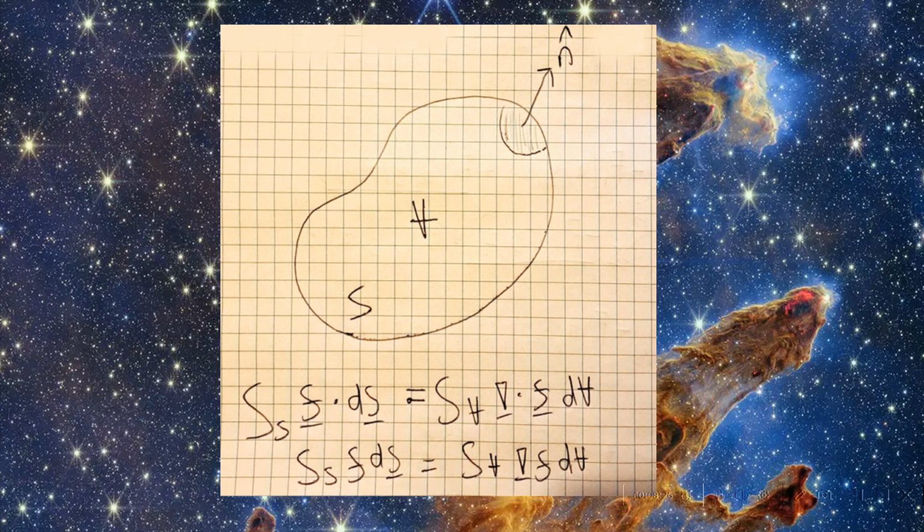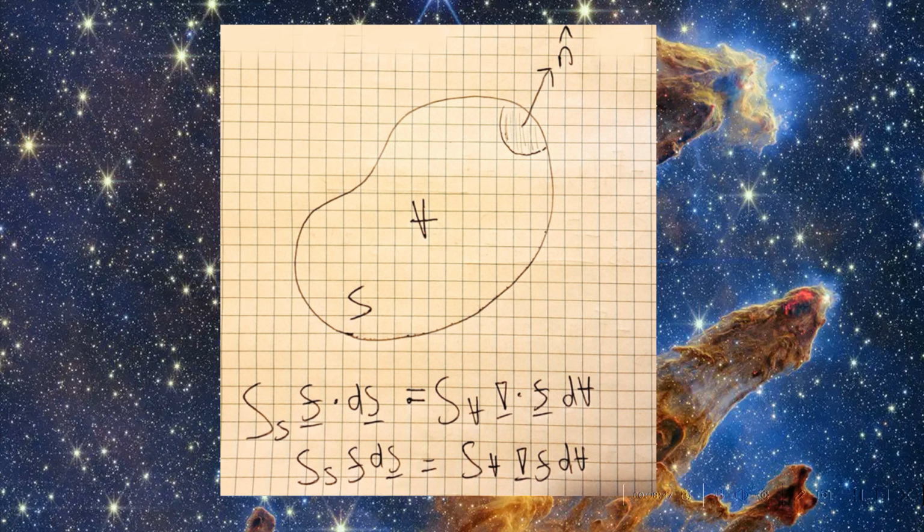So then we can draw our volume as just this sort of arbitrary blob, which is kind of the tradition, so that this theorem can apply to any shape at all, which is more useful than just a cube.